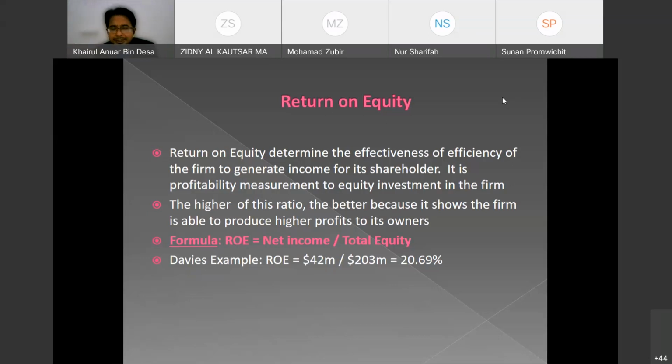Pelaburan lain cuma memberi kadar pulangan 8%, 10%. So when we invest in this company, it is able to give us 20%. Meaning that baguslah. Kalau kita gunakan benchmark pelaburan ASN, ASB atau fixed deposit dekat bank, maka pelaburan di syarikat ini adalah bagus. Itu benchmark yang kita gunakan.